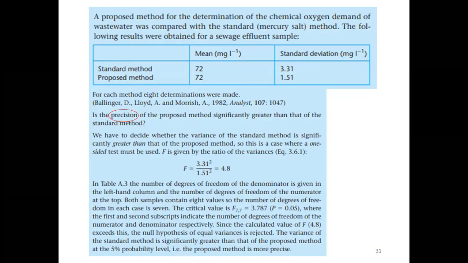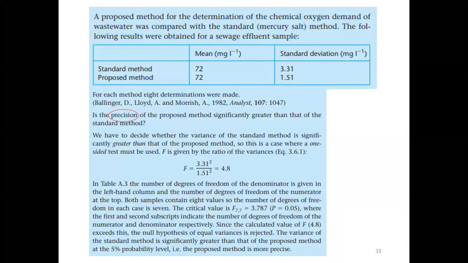That means the null hypothesis is not correct. In the null hypothesis, we defined that there is no big difference between the variances or standard deviations of both methods.